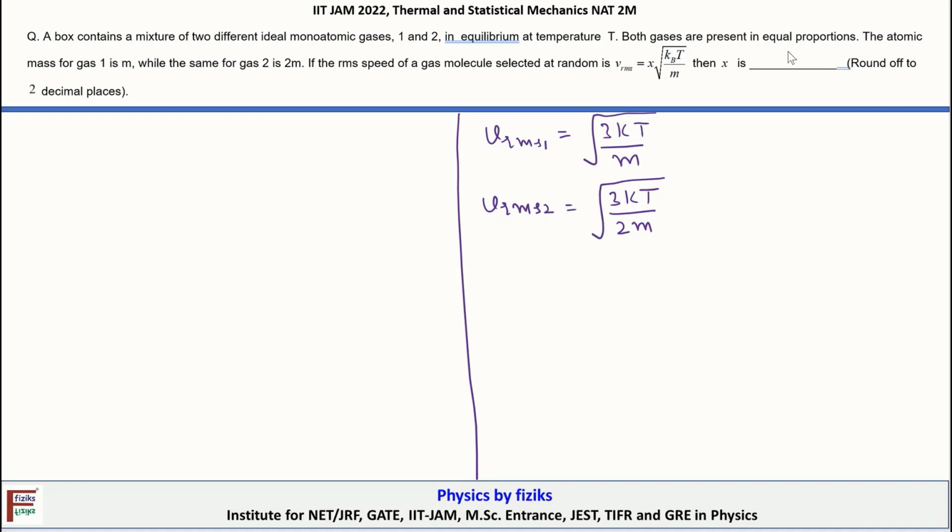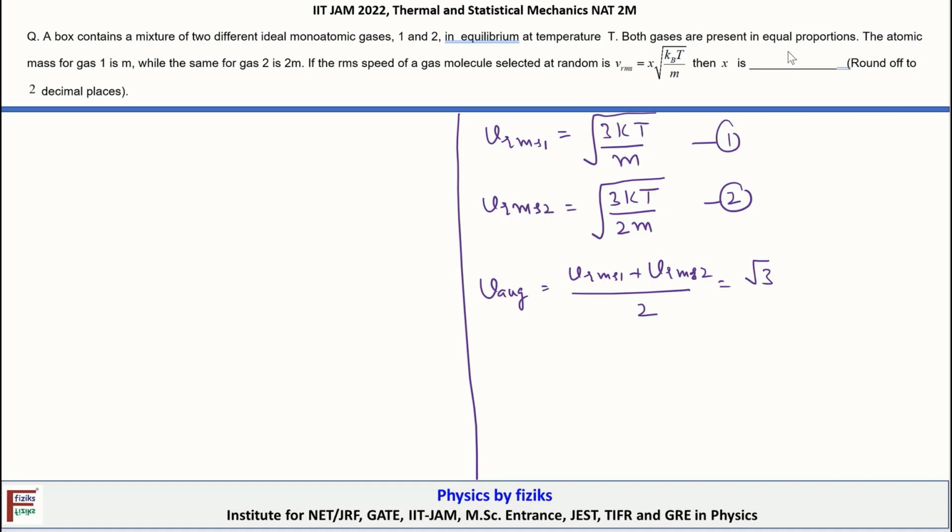Now with these two expressions I can write the expression for the average speed of a randomly selected molecule, which is equal to (Vrms 1 plus Vrms 2) divided by 2. Now we make use of expressions 1 and 2 and substitute, taking the common terms outside.